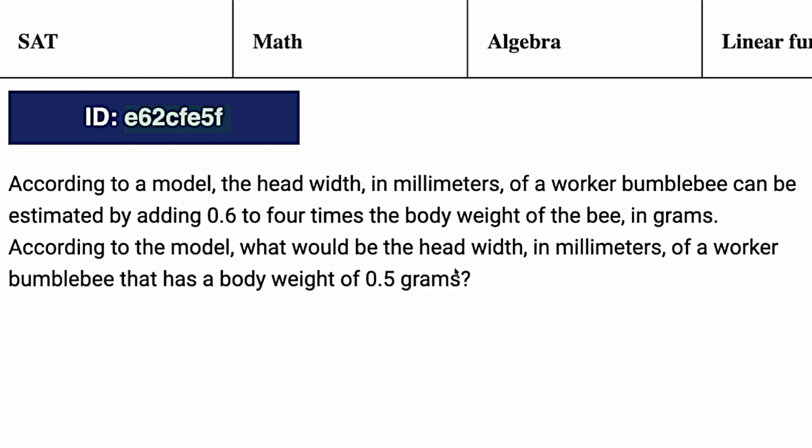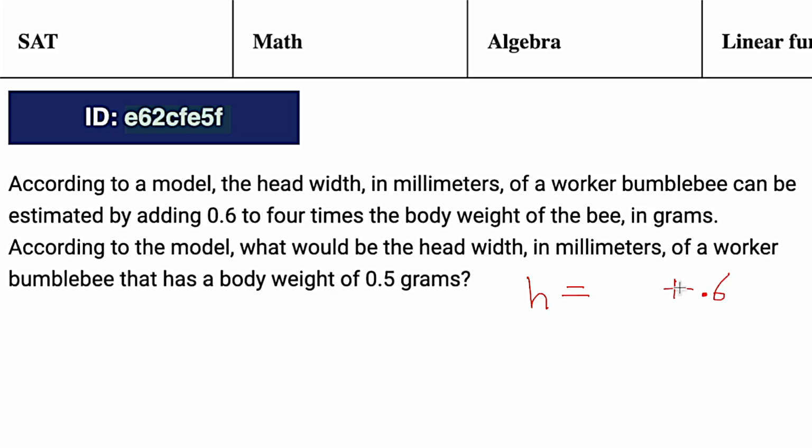According to a model, the head width in millimeters of a worker bee can be estimated by adding 0.6 to 4 times the body weight. All right, so let's start this. The head width we're going to say is h. H can be estimated, so we'll say that equals, adding 0.6, so that'd be plus 0.6.